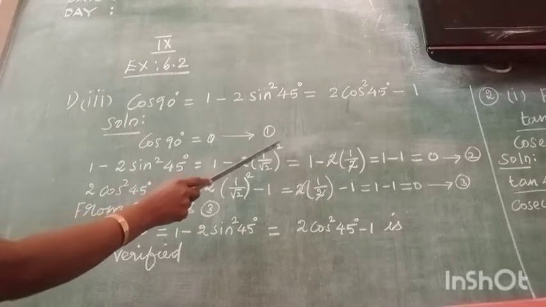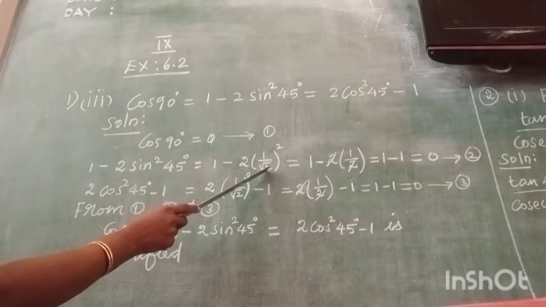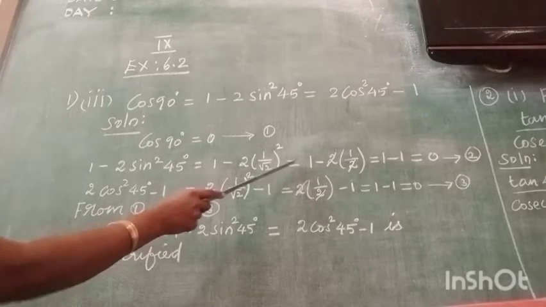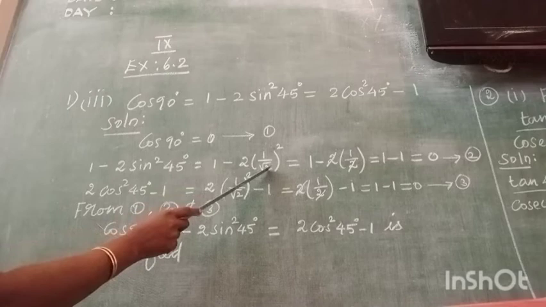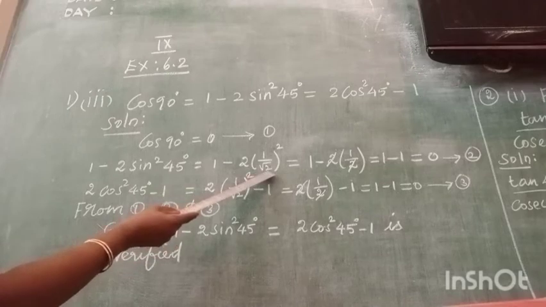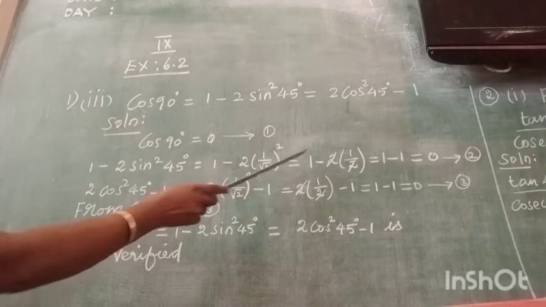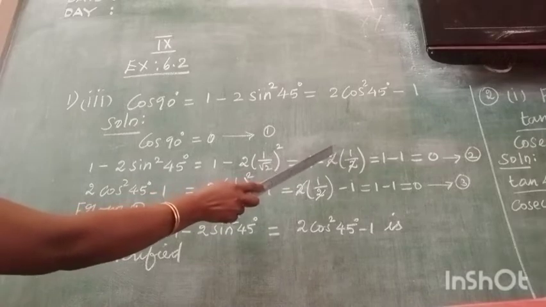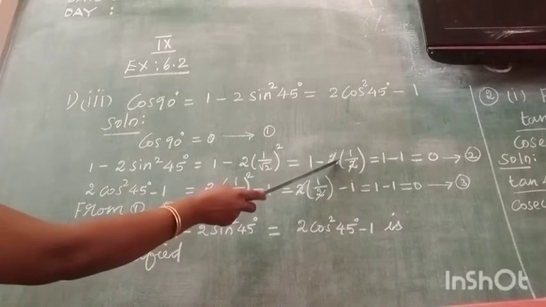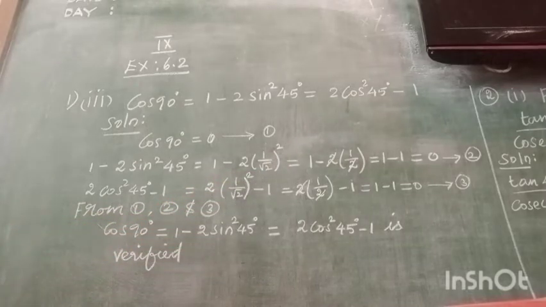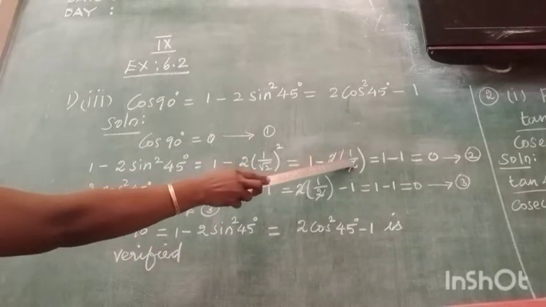The square is common for both numerator and denominator. So 1 minus 2 into 1 by root 2 into root 2, and root 2 into root 2 is 2. Now the 2 in the numerator and denominator get cancelled. So 1 minus 1 is equal to 0. It is called equation number 2.